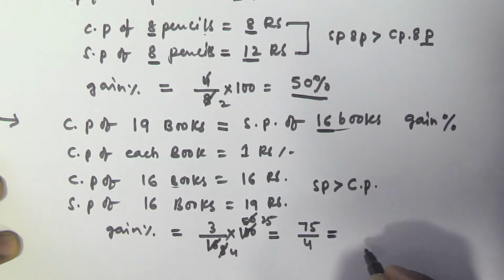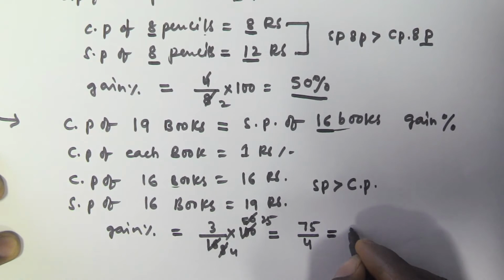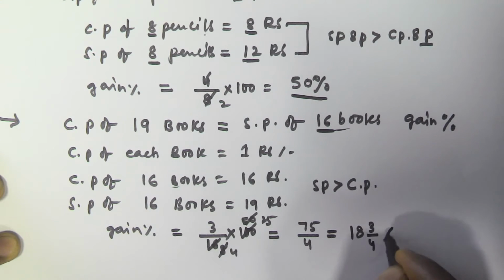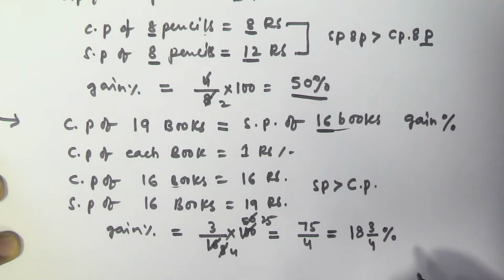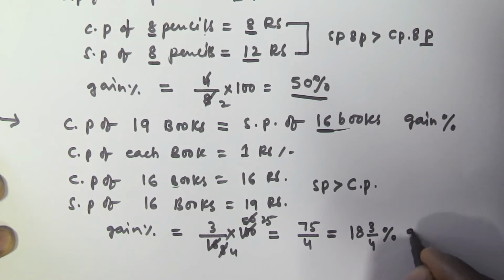If you divide, 4 into 18 is 72, and 3 by 4 is left. So 18 3 by 4 percent is the gain.